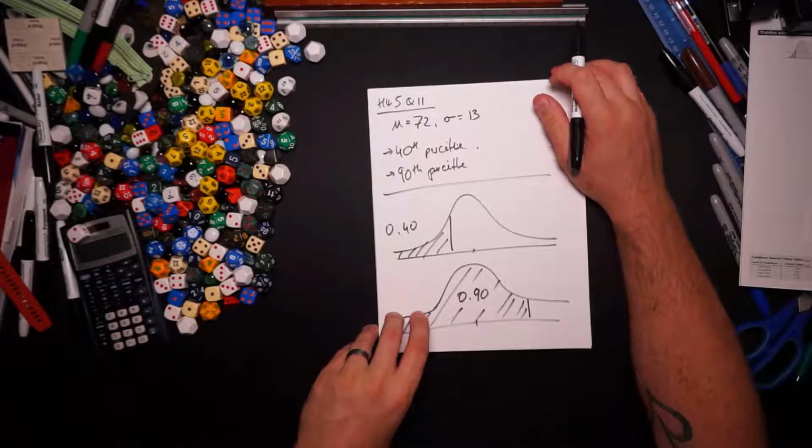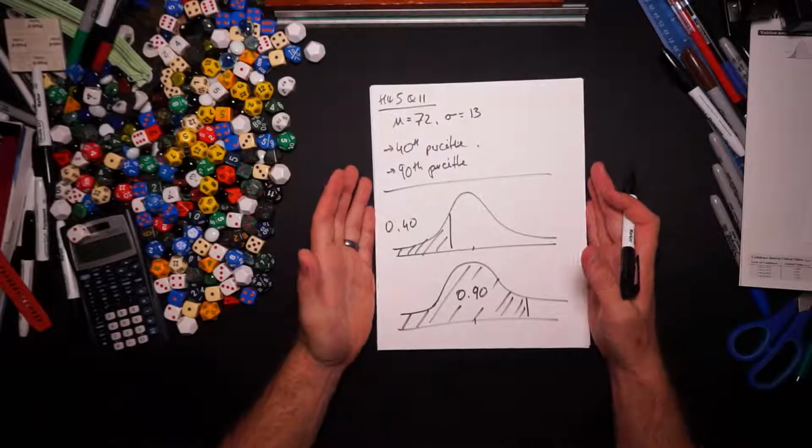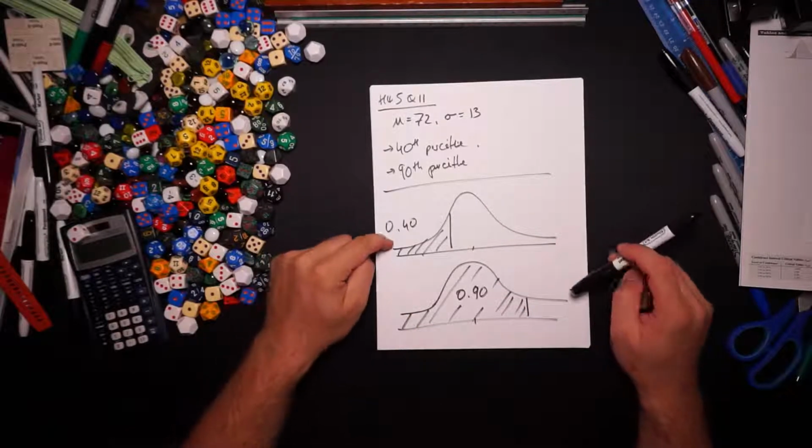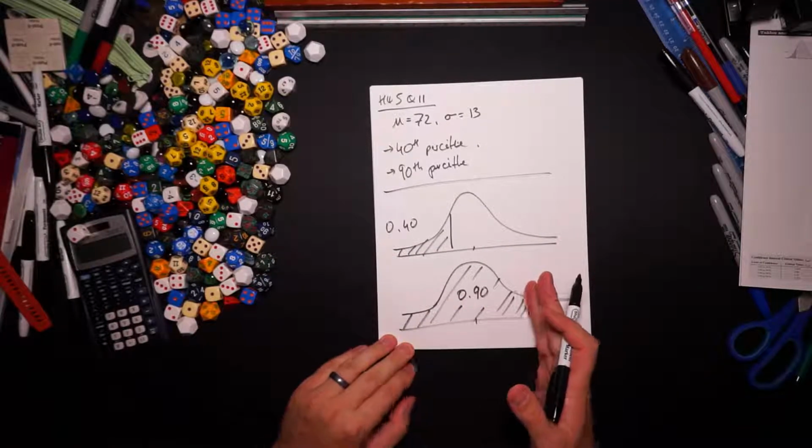I know, the song is on repeat. Deal with it. Alright, so this is what we have. 40th, 90th, right? Bottom 90, bottom 40.